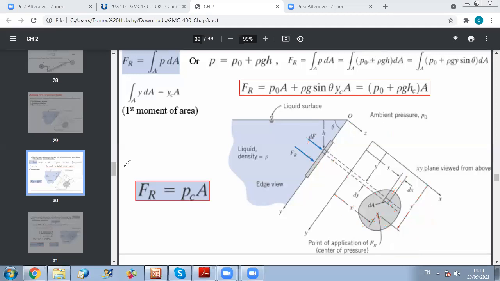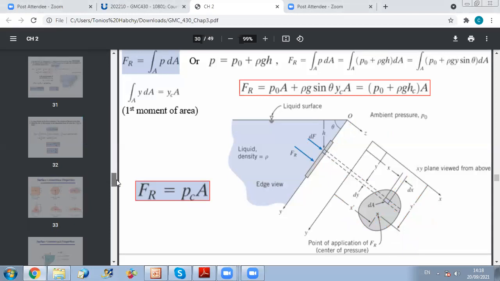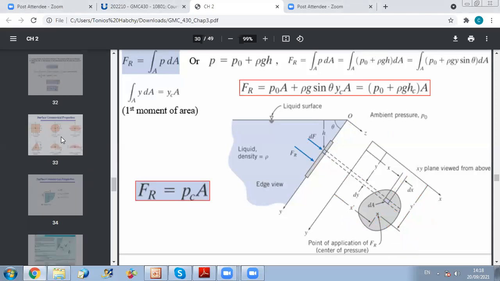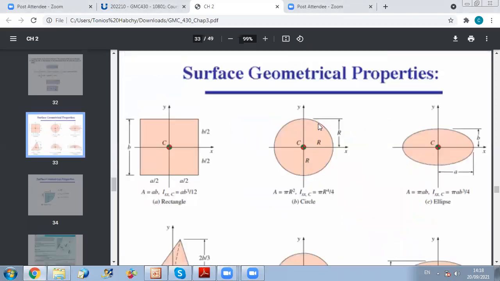Okay. So now, as I told you, to determine the values of your first moment of area and second moment of area along X, Y and the product value, you have to go to formula sheets. This is a formula for the main geometries that we can encounter.